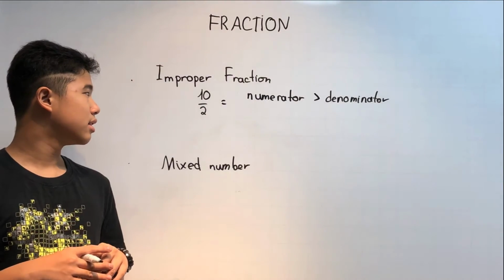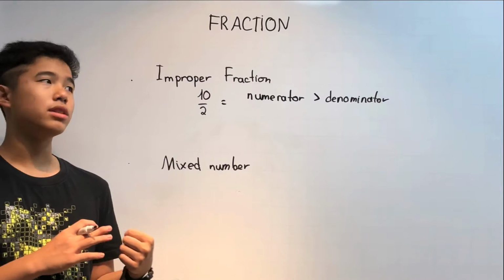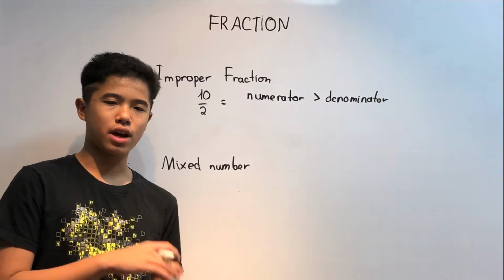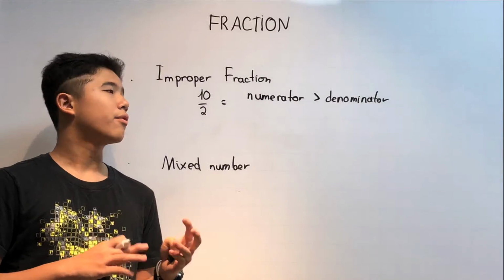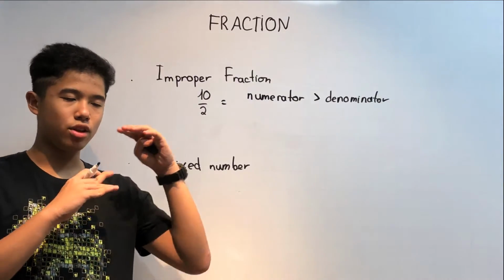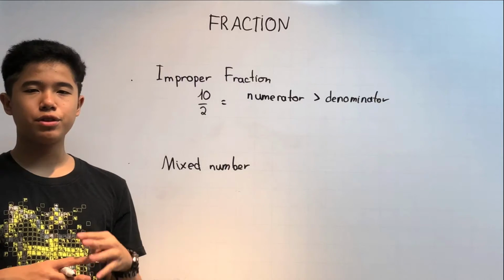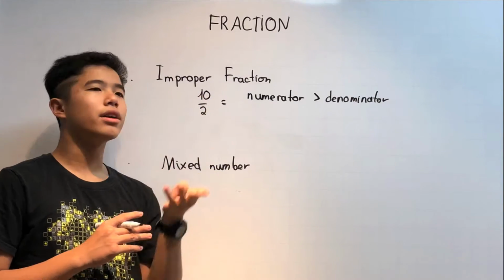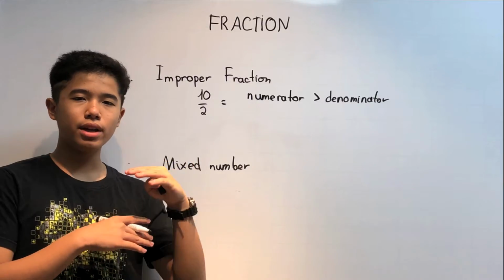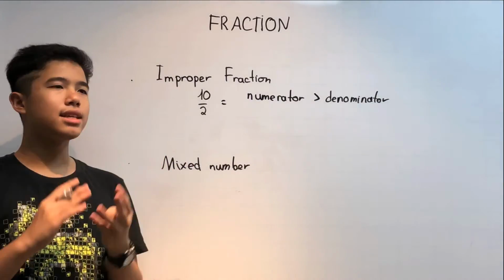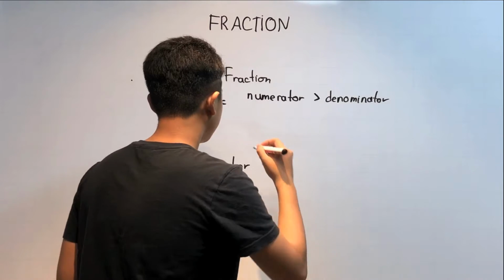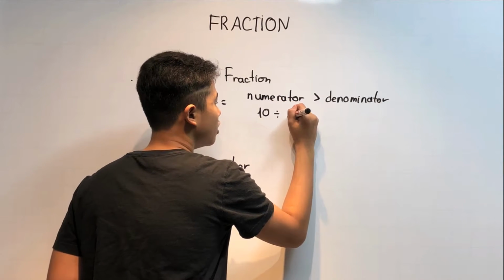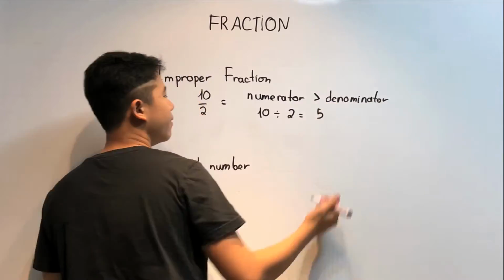And in the previous video, we learned that a fraction is just a divide calculation. Fraction means we take the numerator, divided by the denominator. In this one, the numerator is bigger, so we take 10 divided by 2, which equals 5.